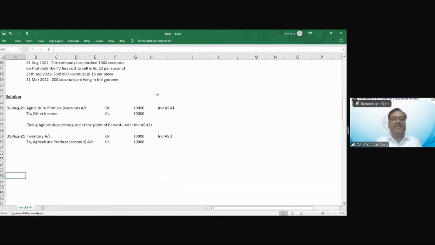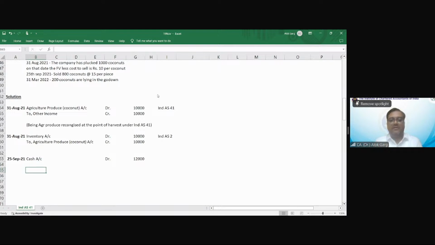25th September 2021. They have sold 800 coconuts at 15 rupees per piece. What is the accounting entry? Cash account debit. पैसा आया. How much is cash account debit? 800 multiplied by 15, right? 12,000.